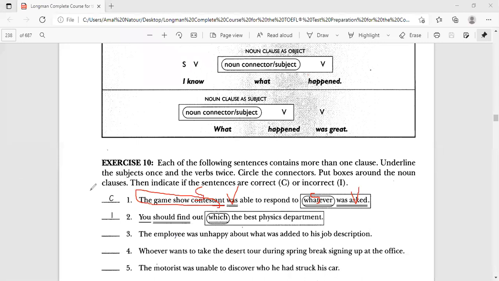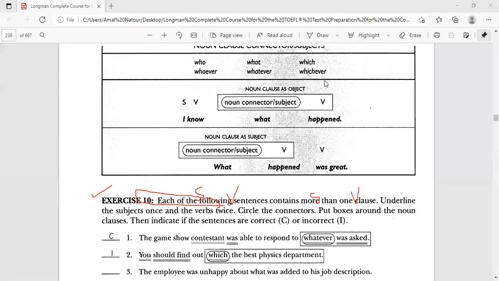Then this is correct. The second one, you should find out what the best physics department. You should find out, subject and verb, okay, which the best physics department. Which one of these plays the role of a subject?